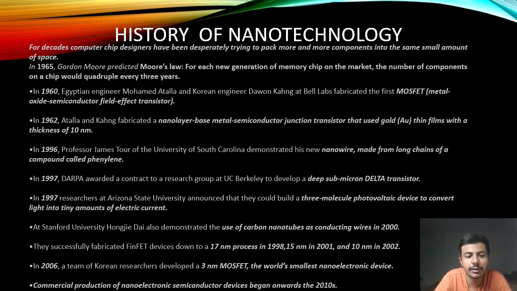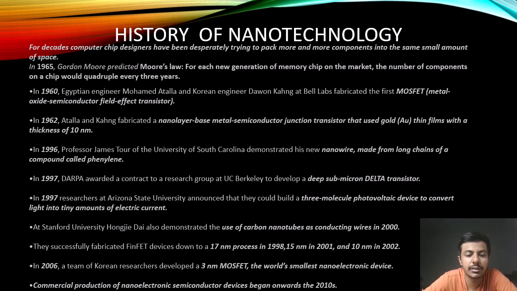In 1997, DARPA awarded a contract to a research group at UC Berkeley to develop a deep submicron delta transistor. In 1997, at Arizona University, a three-molecule photovoltaic device was made to convert light into electricity.